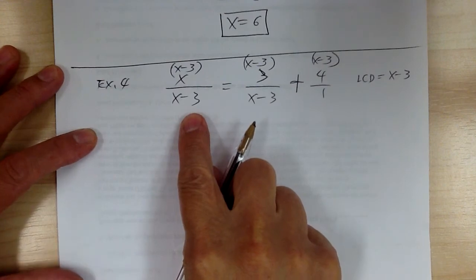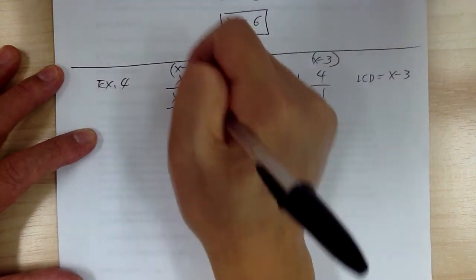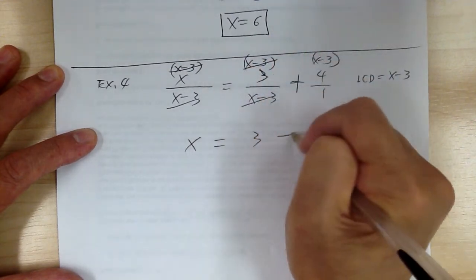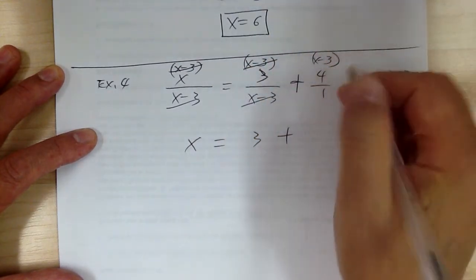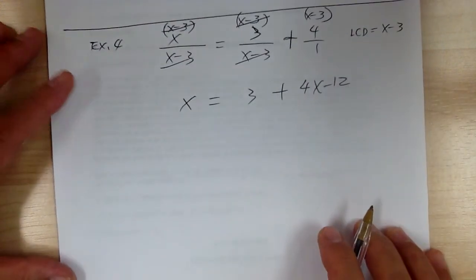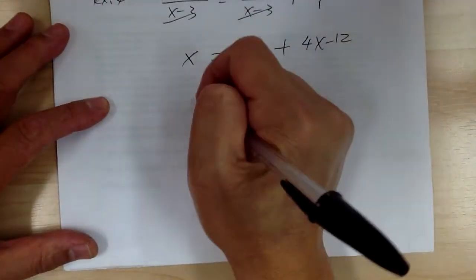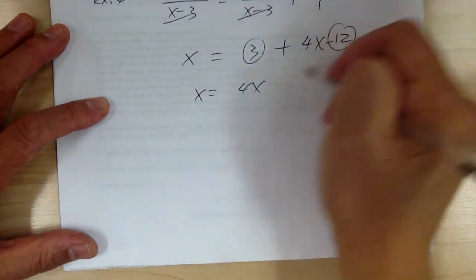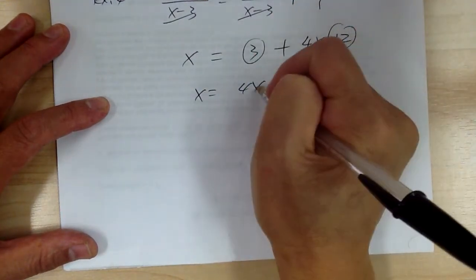Then all you do is cancel things out. So you got x equal to 3 after canceling. Plus, this one does not cancel, so just multiply. And then after that, you just solve. So x equal to 4x, combine the like terms, so it'll be minus 9.